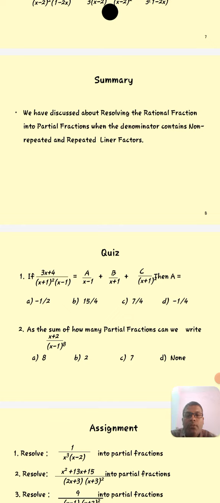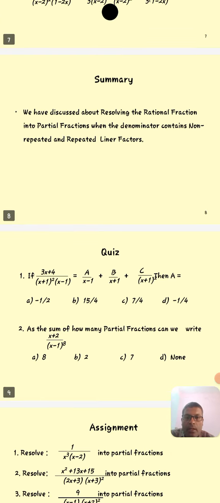The sum of how many partial fractions can be written for x plus 2 divided by x minus 1 to the power of 8? You see here x plus 2 divided by x minus 1 to the power of 8. Here the denominator is x minus 1, a repeated linear factor.